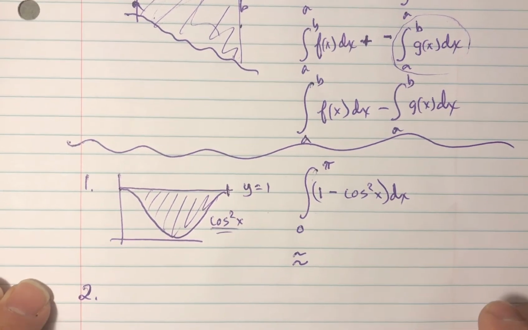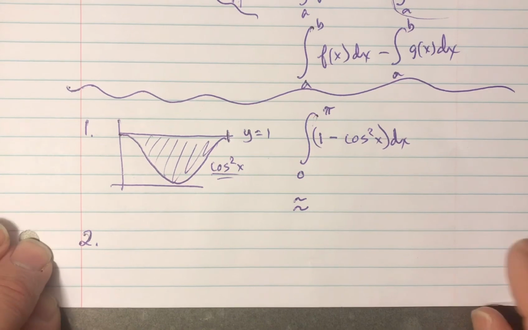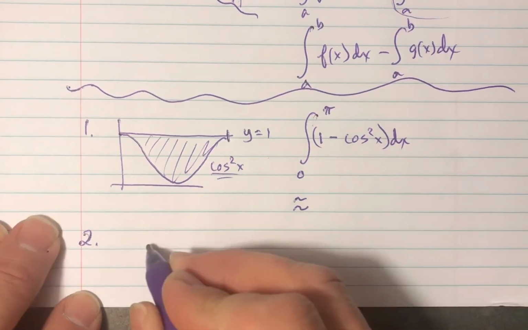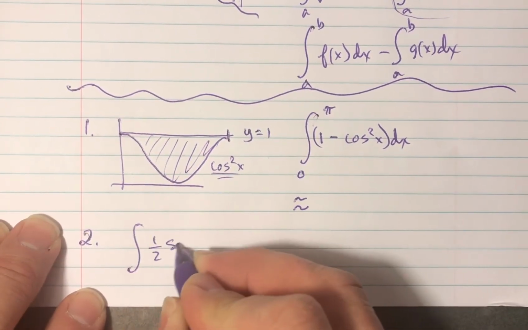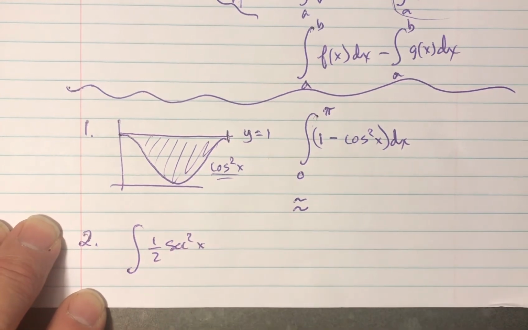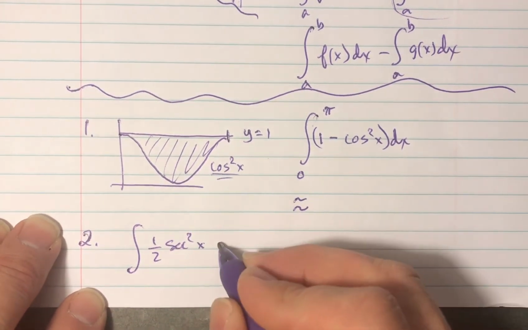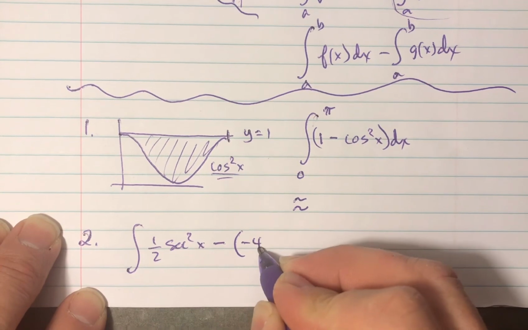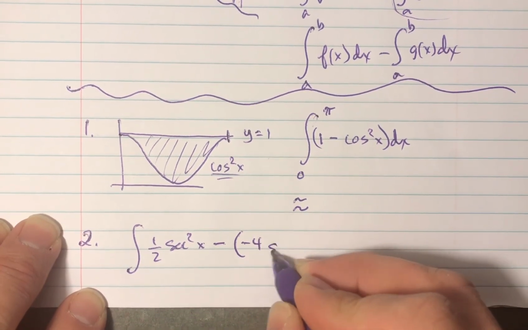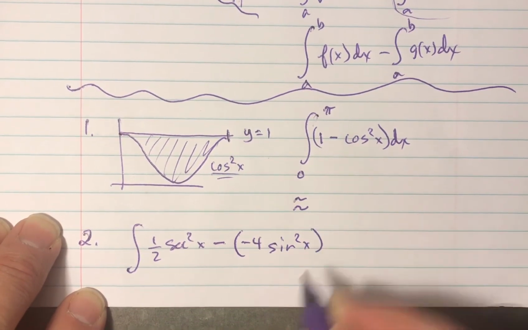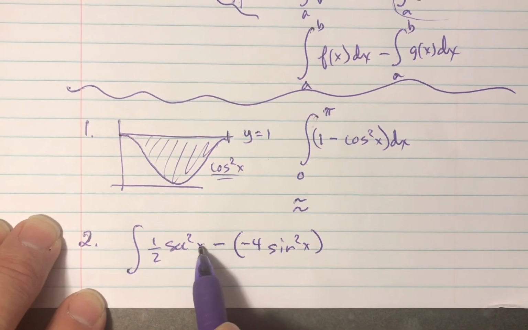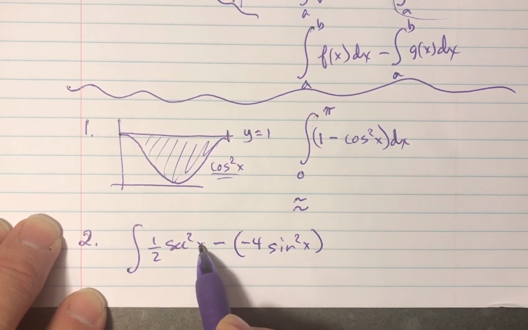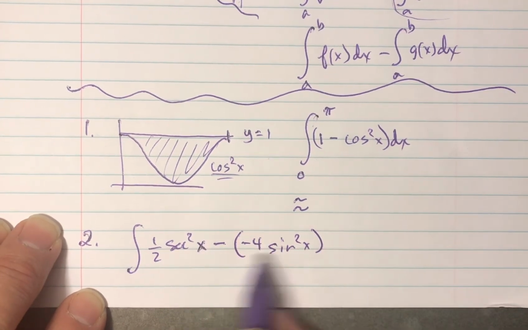Okay, so for number 2, we have an upper function, which is 1/2 secant squared x, and a lower function, which is -4 sine squared of x. Now, in your book, they used t's here, but when you plug it into your calculator, we're going to use x's.